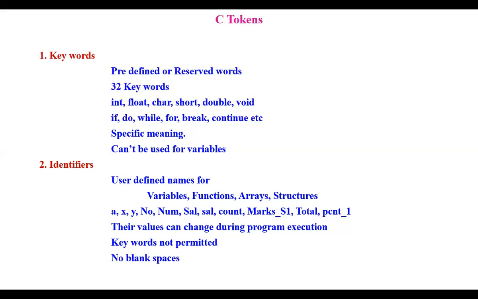There should not be any blank spaces. If I want a space between two words, I use an underscore, not a gap. Gap is not allowed. Whenever you want to add a number or some extension, you can use an underscore, like percentage_1. So, without any blank spaces, you can define names.